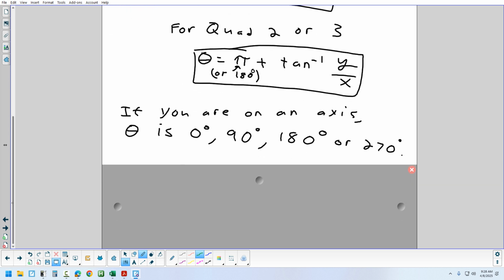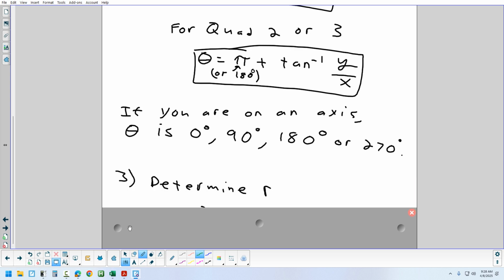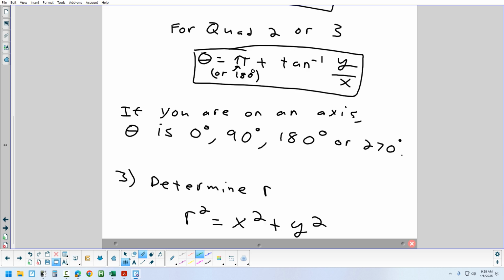And what's the other thing you need in polar? Besides the angle, you need the radius. And what was the formula we had? This formula works in every quadrant. There's no change. x squared plus y squared equals r squared. It's just the Pythagorean theorem.